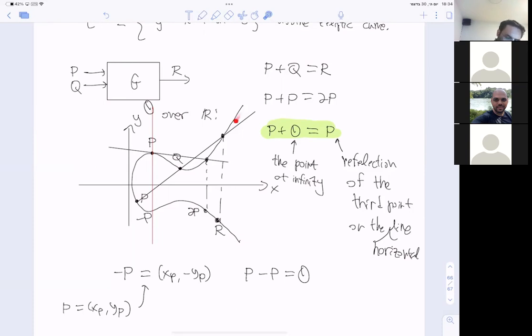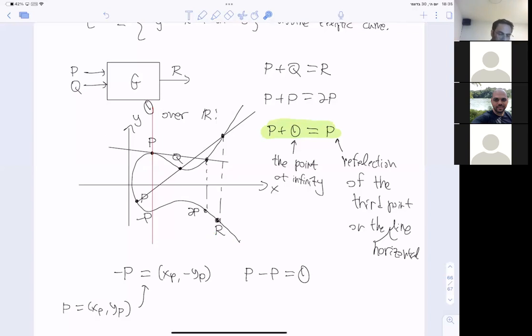This is very nice over R. But if we take it over Fq, the points here are not drawn the same, because it's all modulo some p, or some q if it's an extended field, say over p. So this curve over Fp becomes many points.